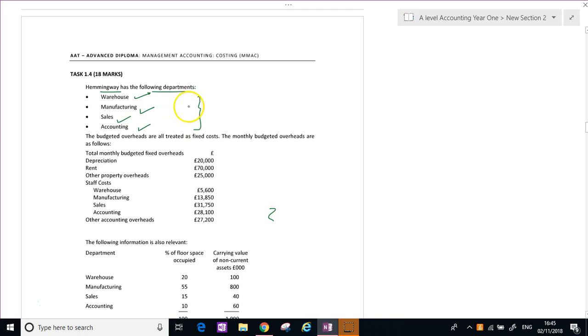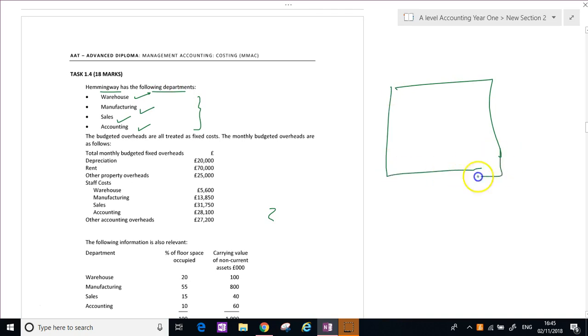We don't know so much about the direct costs in these departments, but the key point is that we need to find a way to get these overheads into these departments. So we have a warehouse department, and sometimes some departments just have their own specific costs. So think of it like this.